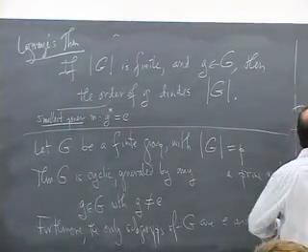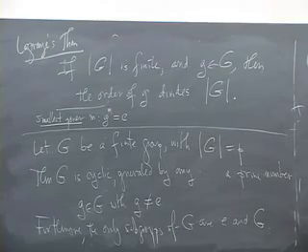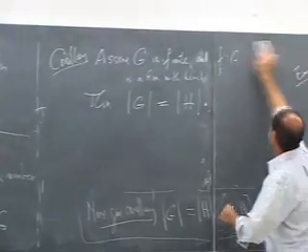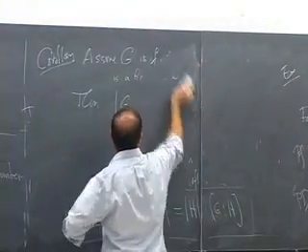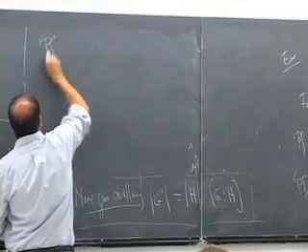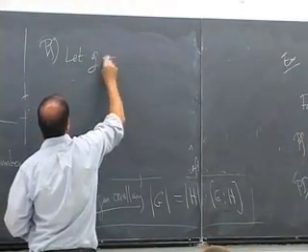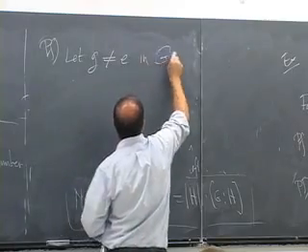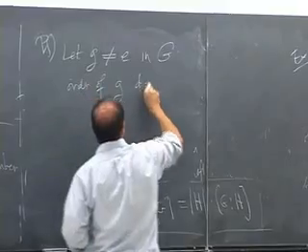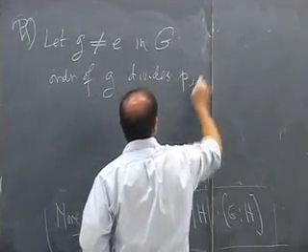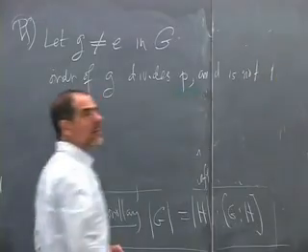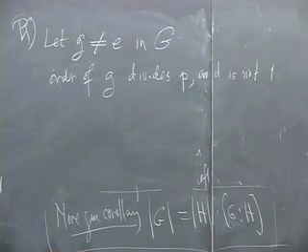Proof? Well, we use this formula here. This formula is going to be used over and over and over again. Proof: let g not equal to the identity in G. The order of g divides p and is not 1, because the only element of order 1 is the identity element.